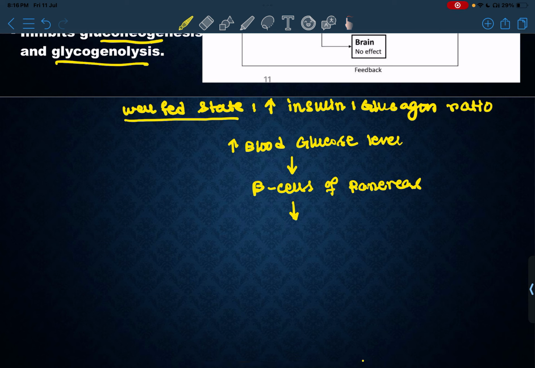What does insulin do? It activates various pathways by dephosphorylation of enzymes.